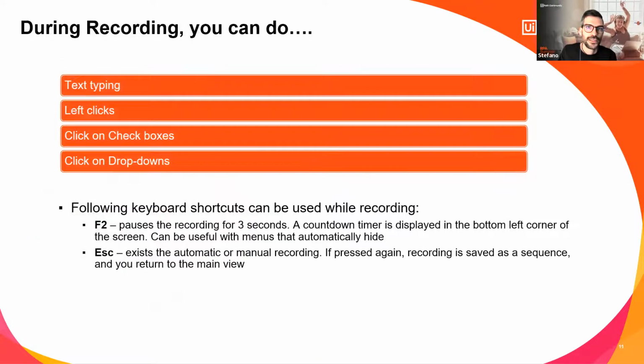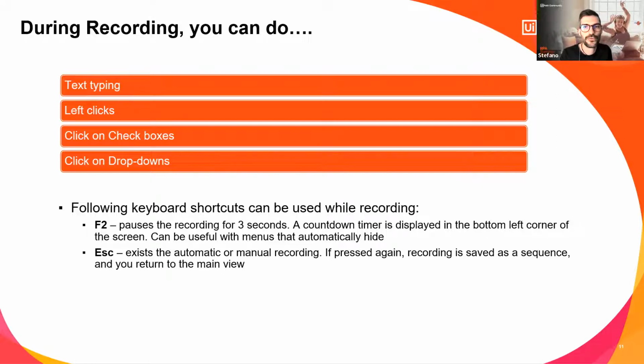As I said, during the recording, you can type text, click, select a checkbox, and so on. There are a few keyboard shortcuts that can be used. With F2, you can pause the recording for 3 seconds by default. You can also select a different pause time, and the countdown timer will be displayed in the corner of the screen.